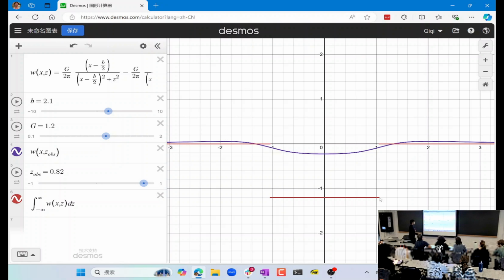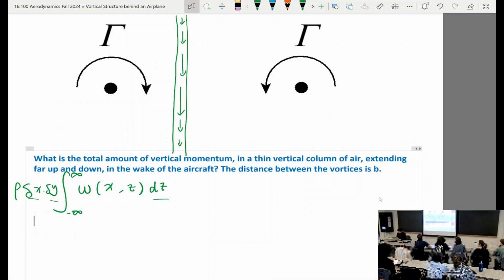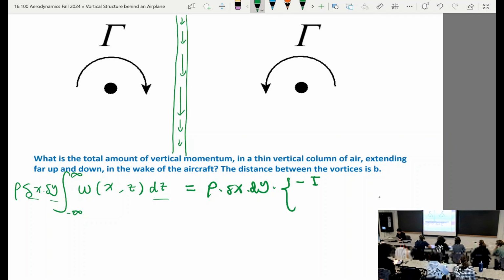Okay, and the amount of total momentum per unit area is equal to rho times the circulation of the vortices. Let me just write it down. This is equal to rho times delta x times delta y times either minus gamma or 0.